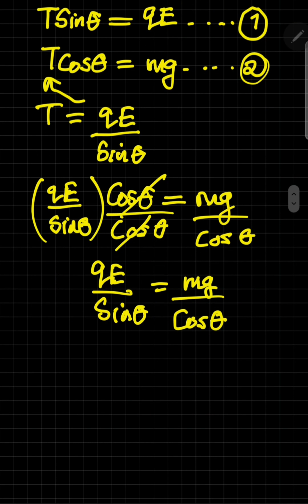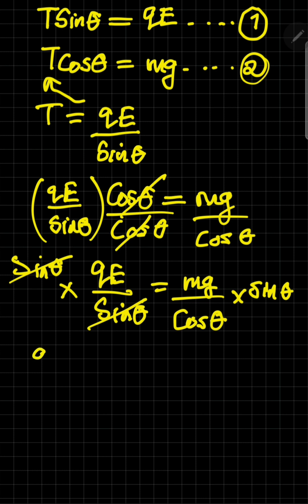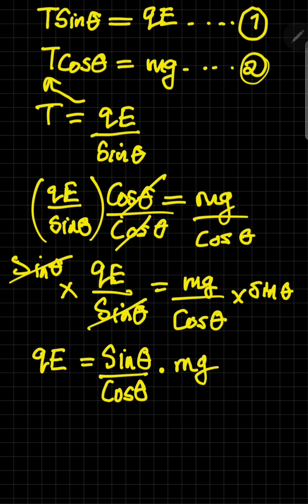Then we can multiply both sides by sine theta. So that sine theta and that sine theta cancel, and we'll have the electric force equal to sine theta divided by cosine theta multiplied by the weight.